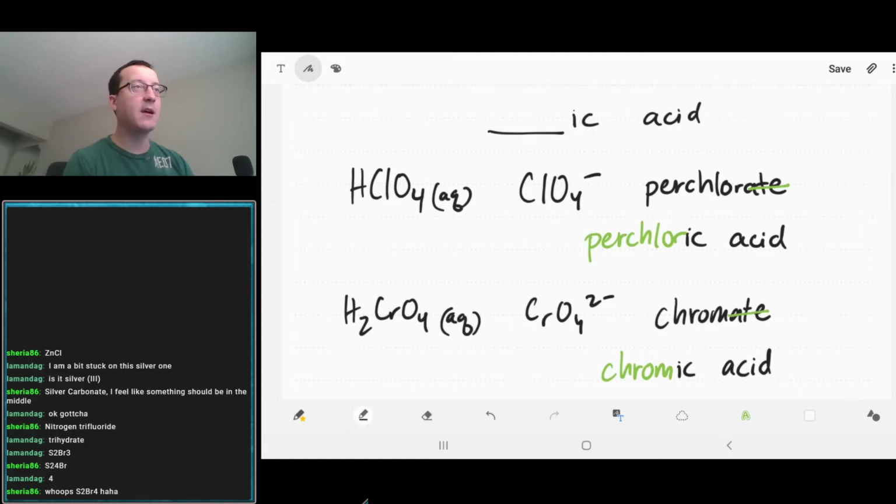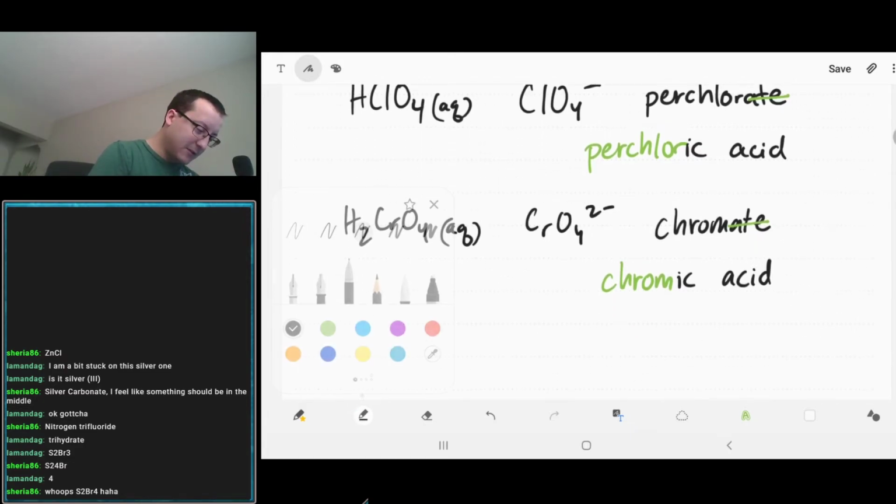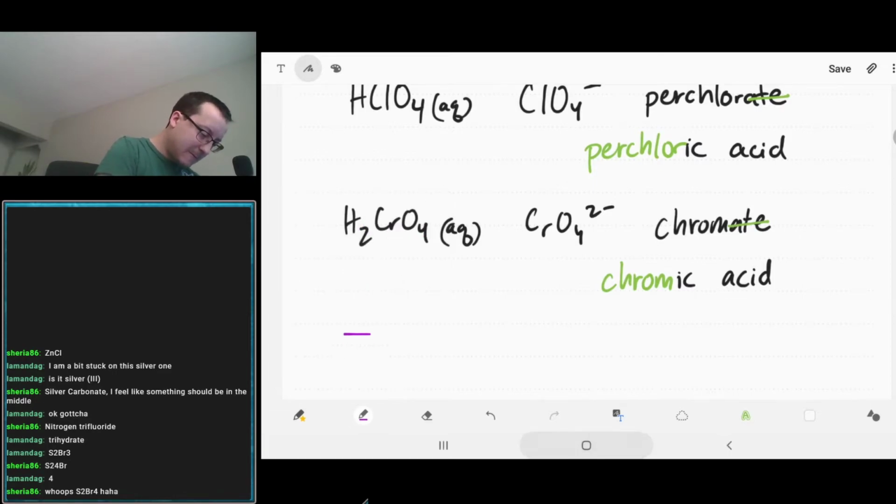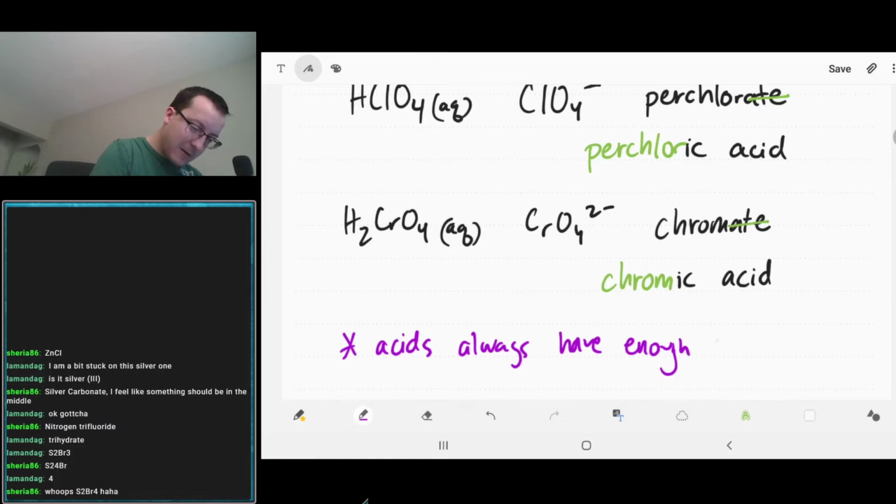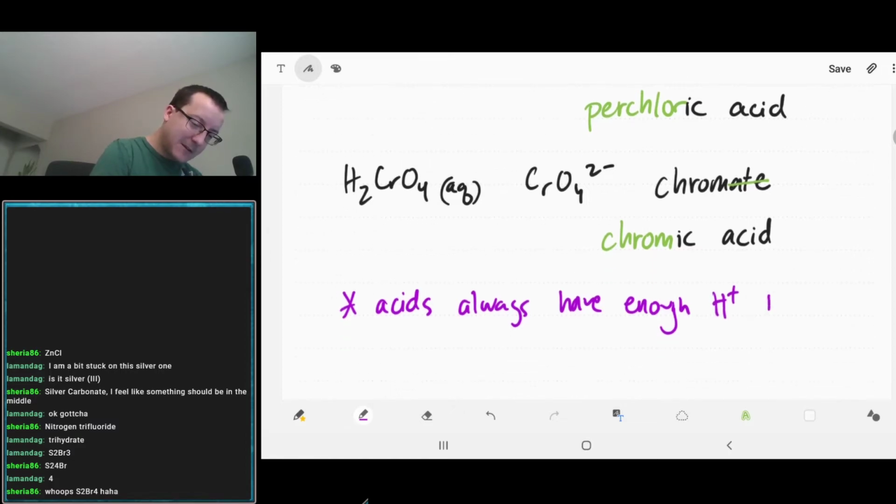All acid naming comes down to just identifying your anion and knowing its name, and from that you can generate the acid name. So one thing that we've probably noticed is that acids always have enough H plus to balance the anion.